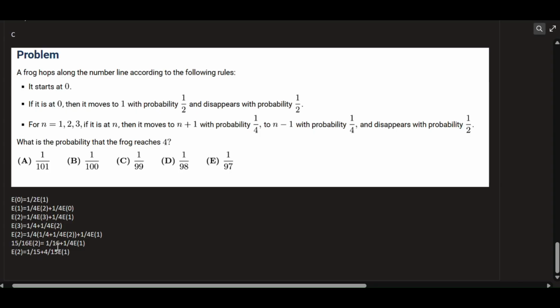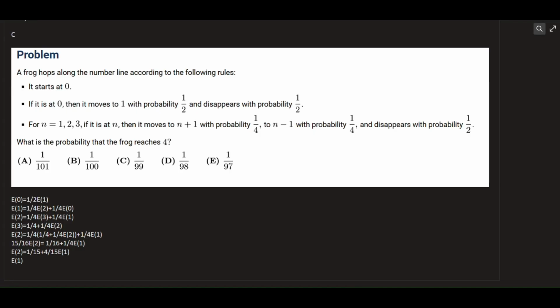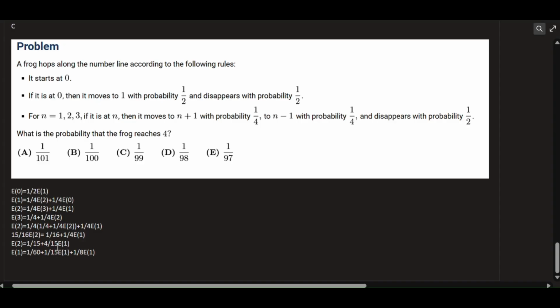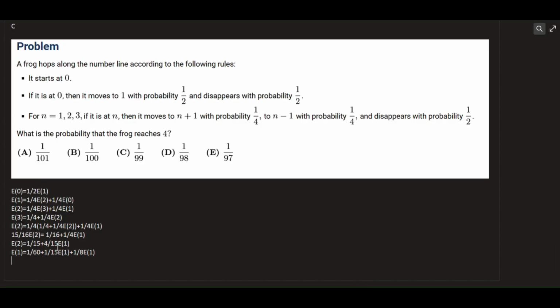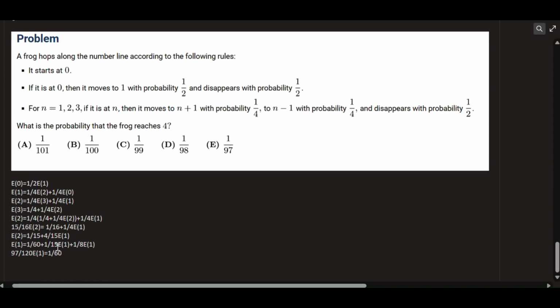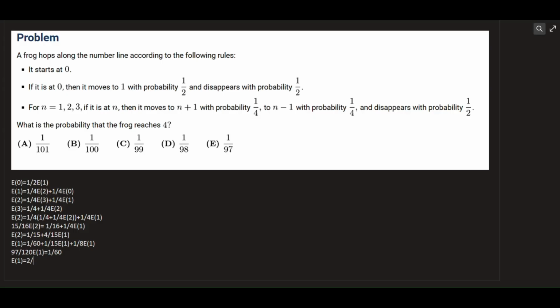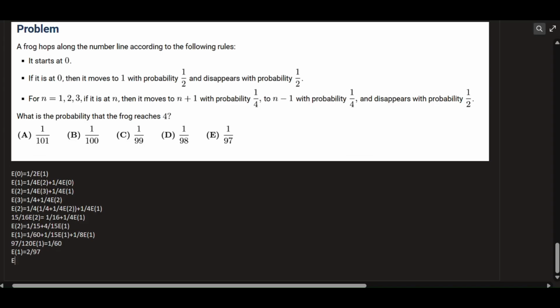Plugging that in, we have E of 1 equals 1 over 60 plus 1 over 15 E of 1 plus 1 over 8 E of 1, which ends up giving us 97 over 120 E of 1 equals 1 over 60. So then we have E of 1 equals 2 over 97, meaning that E of 0 equals 1 over 97.